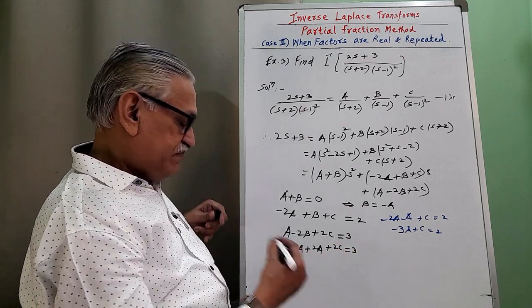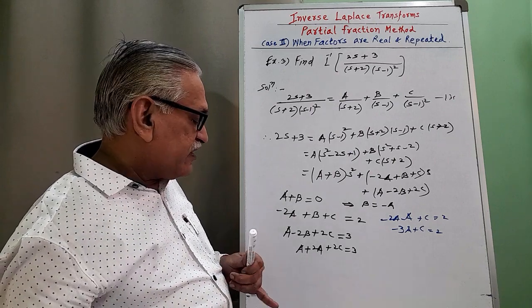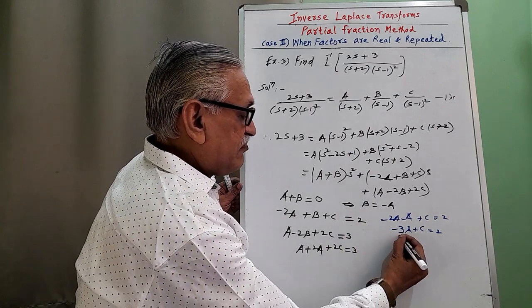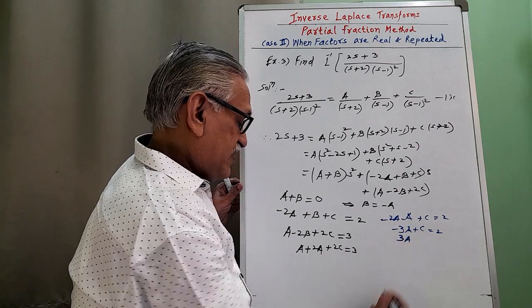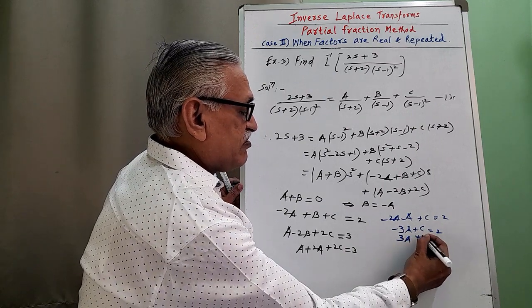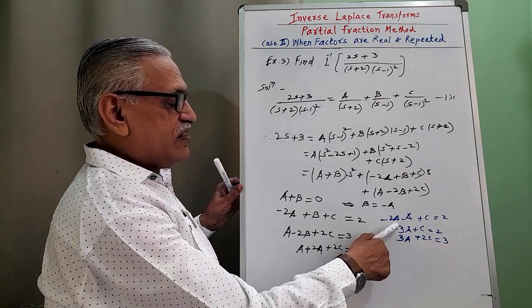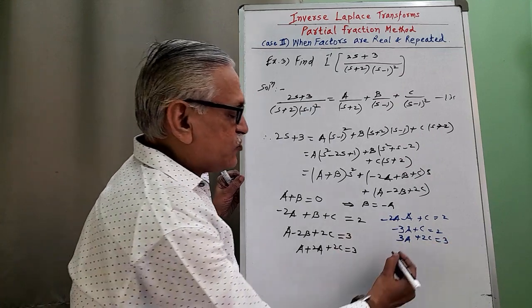We get that term as 3a plus 2c is equal to 3.